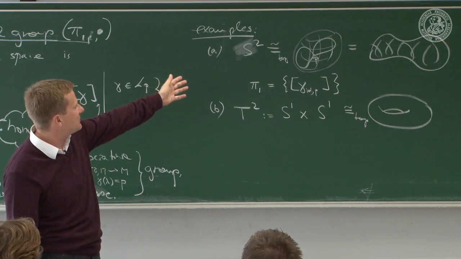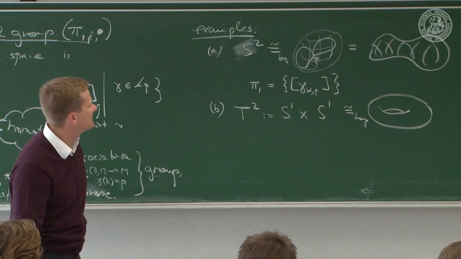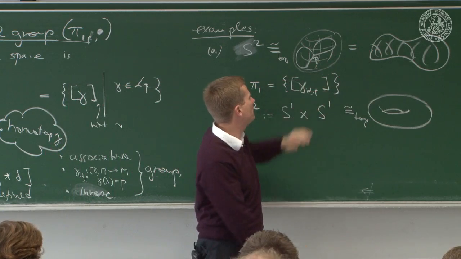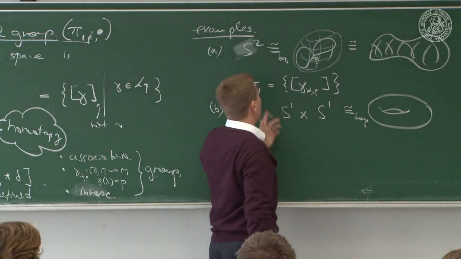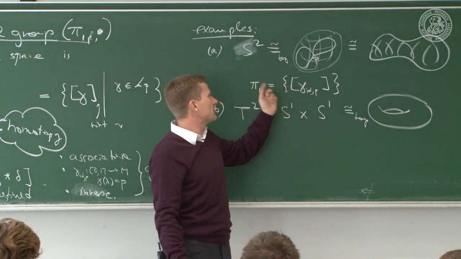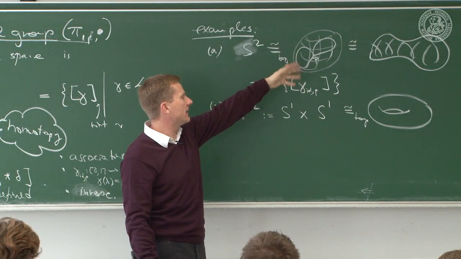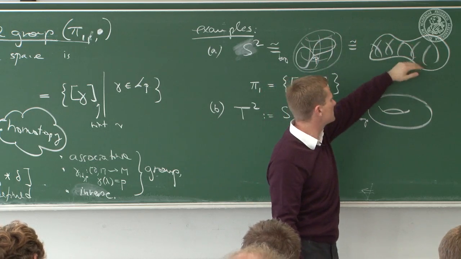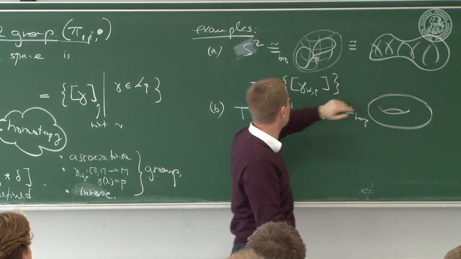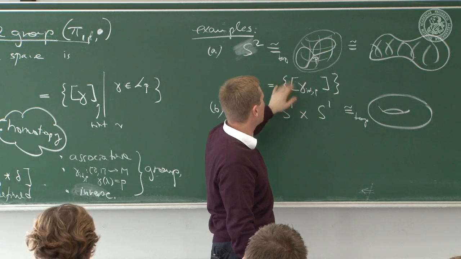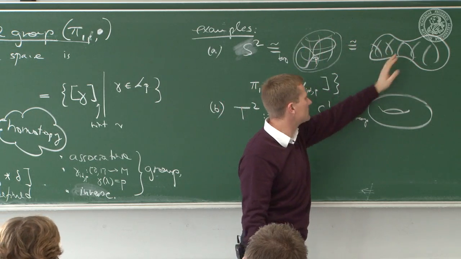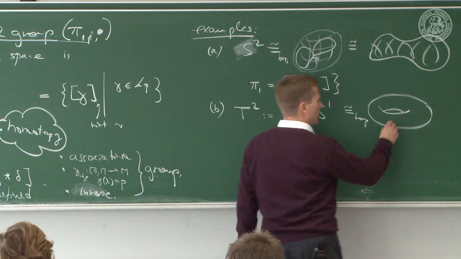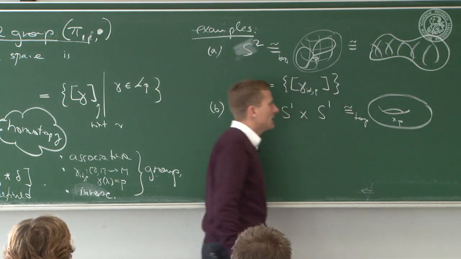It's just the artifact of my presentation of these spaces on the blackboard that makes them look different. And obviously, if they're homeomorphic, they must share all their topological properties. This is compact, this is compact, this is connected, this is connected, this is path connected, this is path connected. It has fundamental group just consisting of the identity and so on.